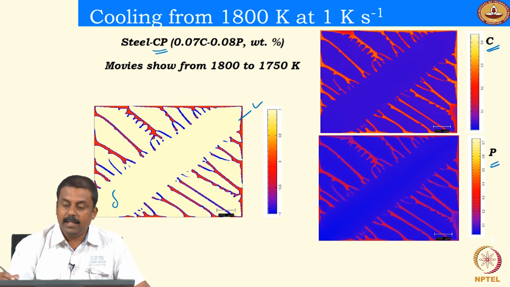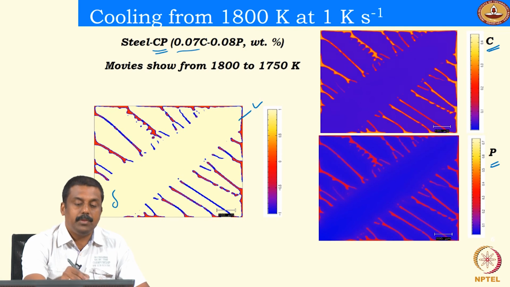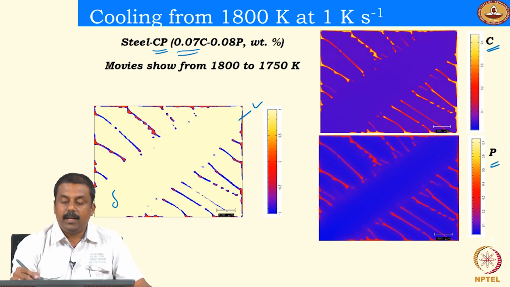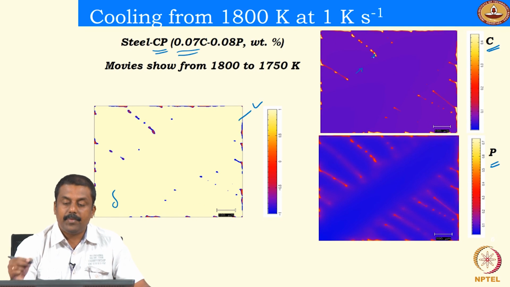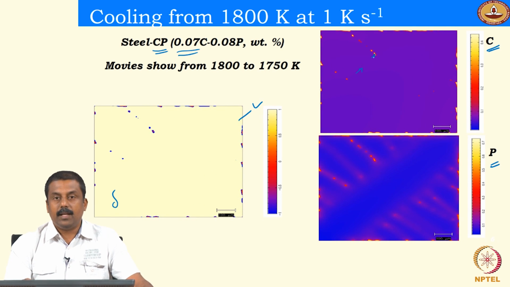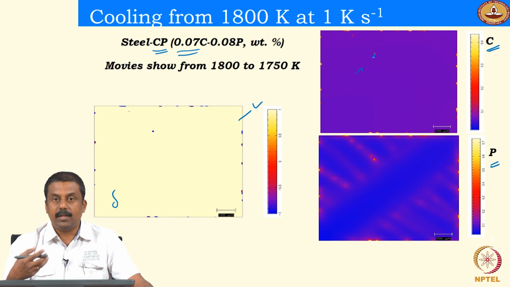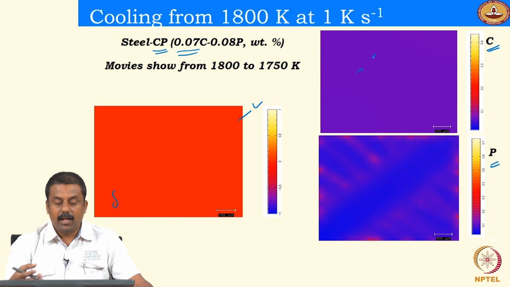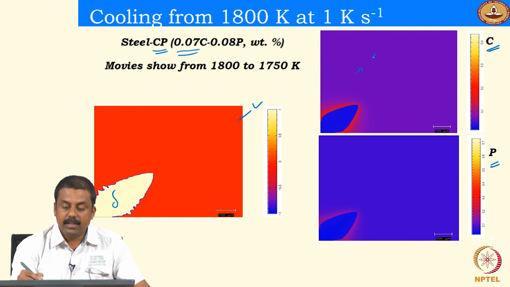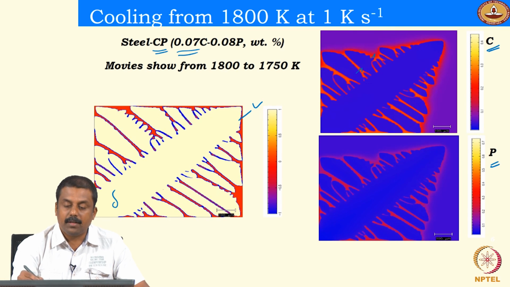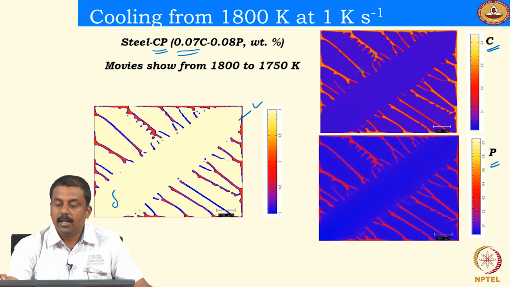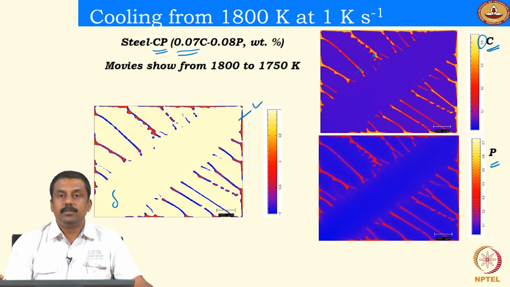So here you can already see we begin with a carbon concentration of 0.07, but when the solidification is progressing, carbon migrates to the unsolidified liquid, and thereby the carbon concentration gets enriched in the liquid which is not solidified, and subsequently at the dendritic boundaries, when they develop, the carbon concentration can go as high as even 0.4.